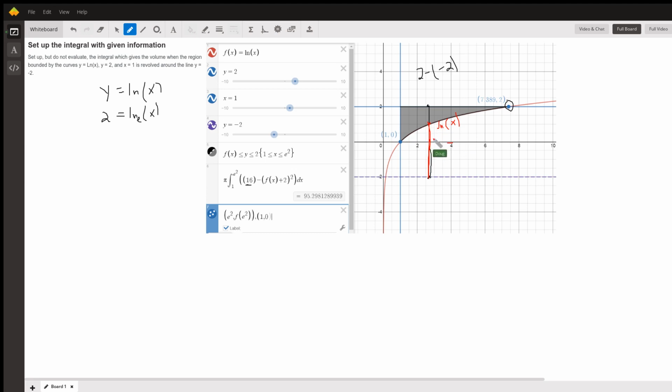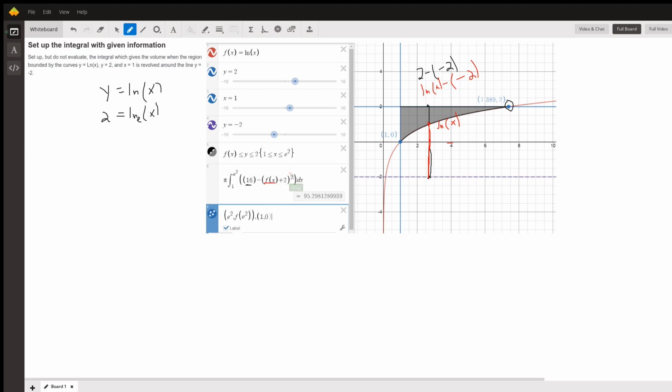That's this distance right here. But I need another plus 2. Think of it as top minus bottom, log of x minus -2, or the log of x plus 2. I left it as f of x, but there's the inner radius squared.